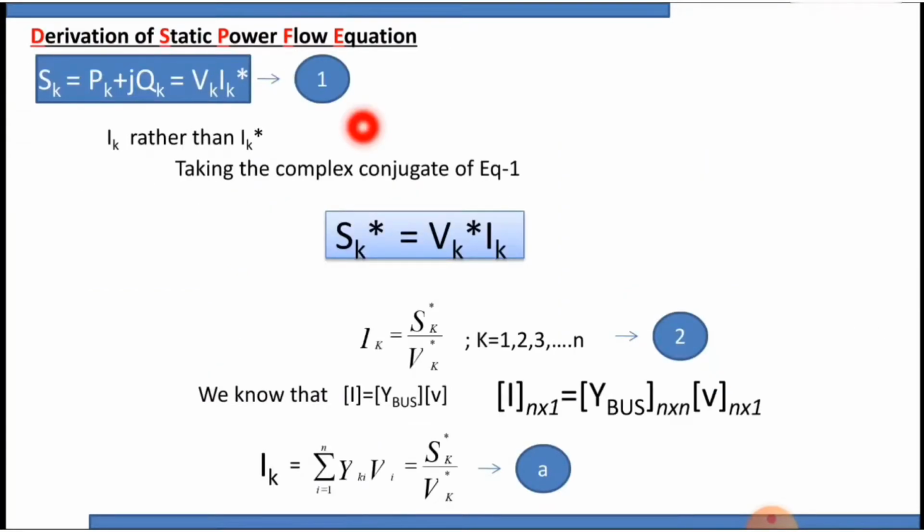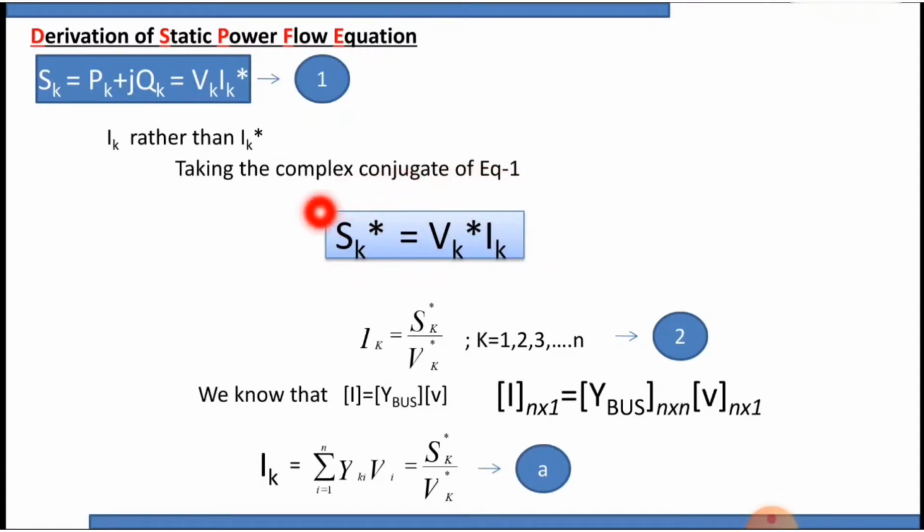Load flow problems are handled more conveniently by using Ik rather than Ik conjugate. Taking the complex conjugate of equation 1, in order to obtain Ik rather than Ik conjugate, makes the solution convenient to obtain. From expression 1 we get Sk conjugate is equal to Vk conjugate into Ik.